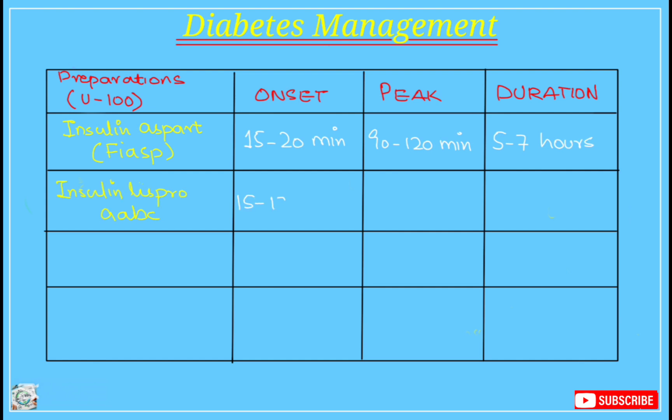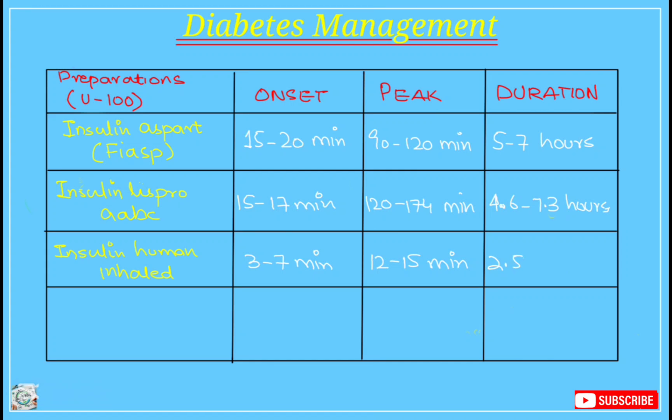It starts working in about 15 to 17 minutes, peaks at about 120 to 174 minutes, and lasts for about 4.6 to 7.3 hours. And then we have the inhaled human insulin. This one is the absolute fastest. It works in just 3 to 7 minutes, peaks in 12 to 15 minutes, and clears out of the body in 2.5 to 3 hours.